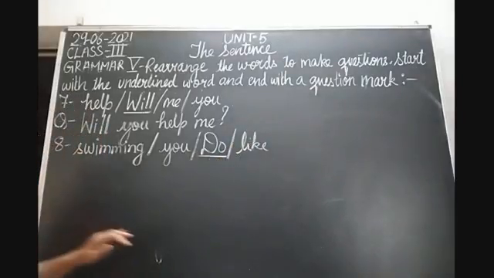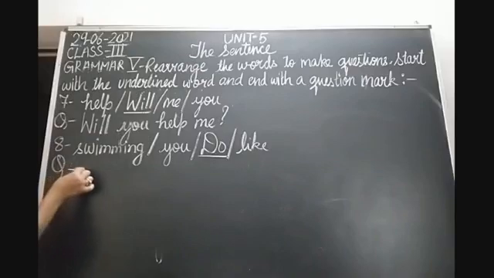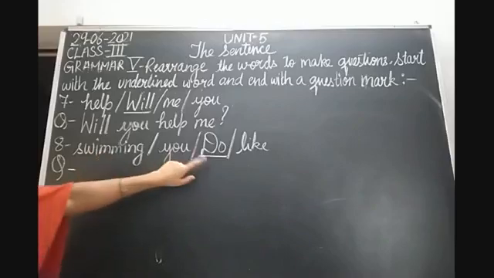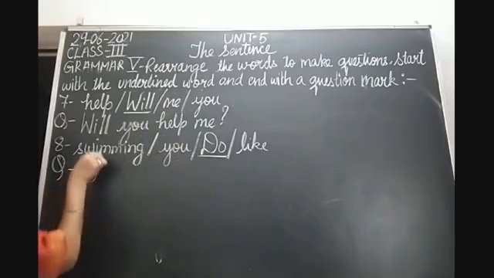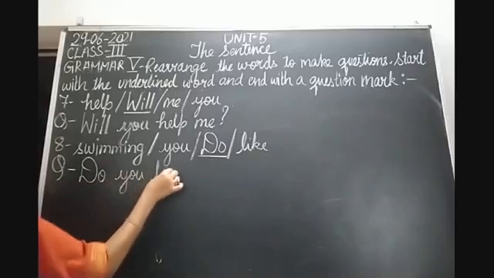That means we need to begin our question with do. So our question is, keeping in mind that we need to have how many words? 1, 2, 3, 4. 4 words are needed. Begin with a capital letter, end with a question mark. So, do you like swimming?